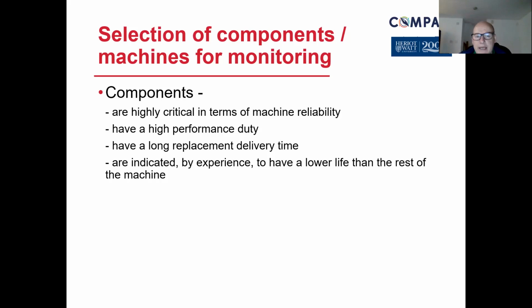Components are indicated by experience to have a lower life than the rest of the machine. So again, thinking like lifting operations, lifting equipment regulations, really, the weakest link takes priority. So even if you have a 5-ton overhead crane and you have the hoist attached to it that can take 1 ton, it may well be that you have component parts like a shackle that can only take 1/4 of a ton.